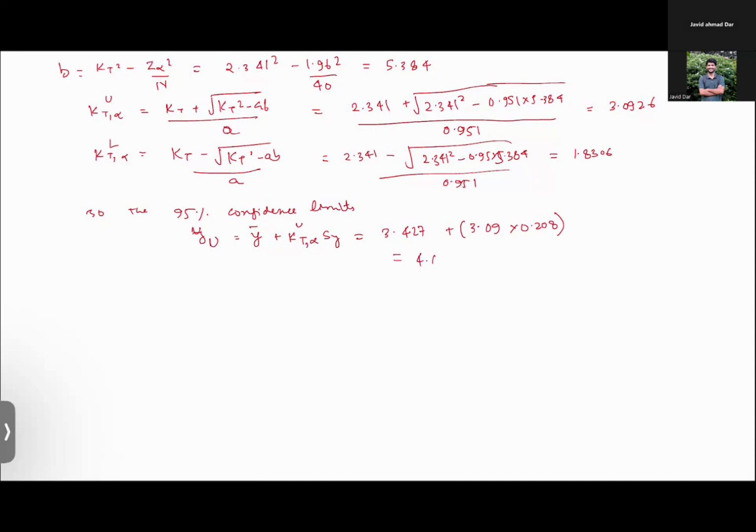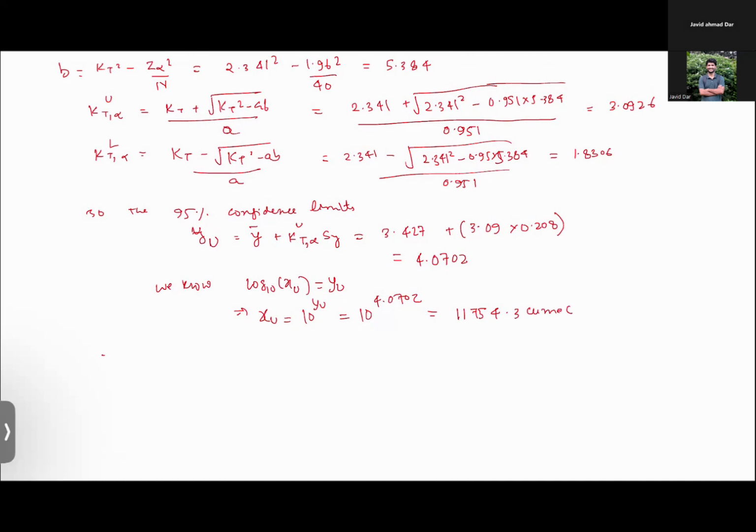This comes 4.0702. We know log base 10 of xu is yu, which implies that xu is 10 to the power yu, 10 to the power 4.0702. The value comes out to be 11754.3 cubic meter.